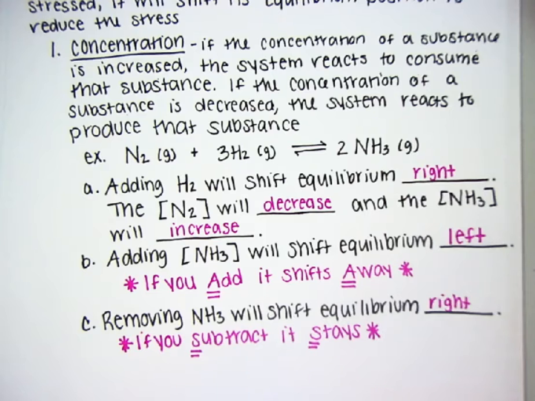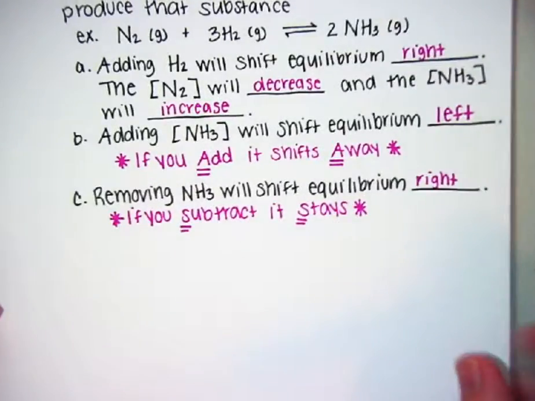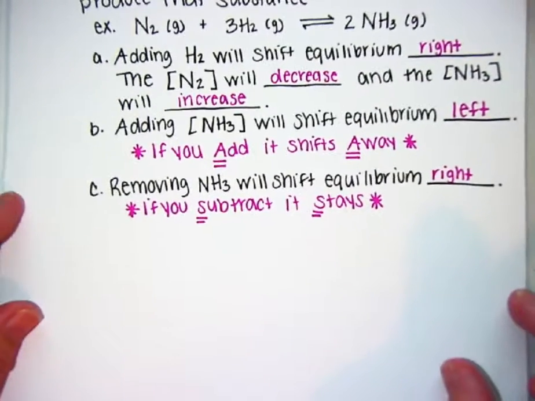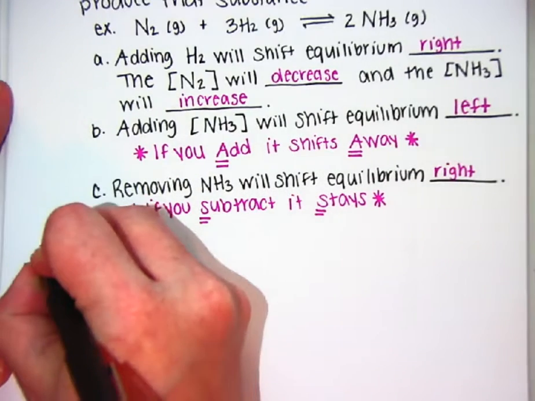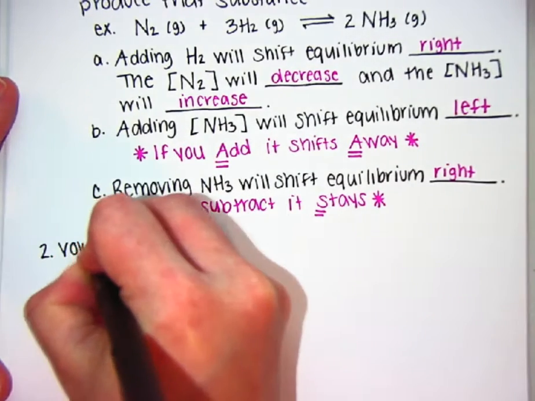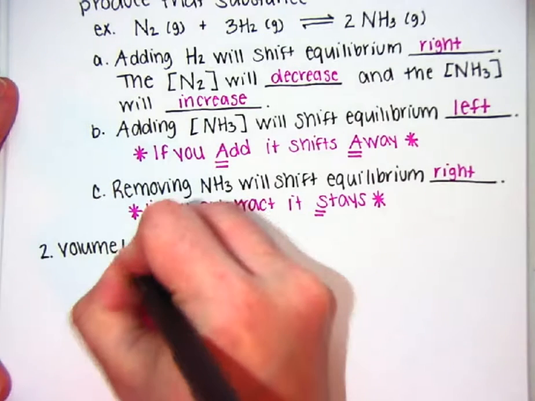Alright, so unfortunately, concentration isn't the only way that we can stress a reaction. So let's look at some other factors. Factor number 2. We can also stress a reaction by altering the volume or pressure.